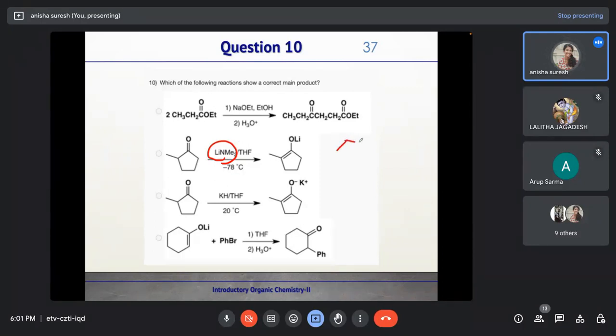So the right answer here will be OLi like this, because this is a bulky kind of base. Bulky bases give rise to kinetic products. And you can see the temperature is lower. At lower temperature, only the reactions that take place faster will occur.